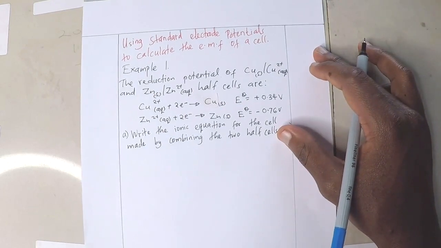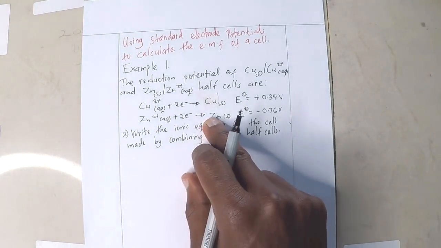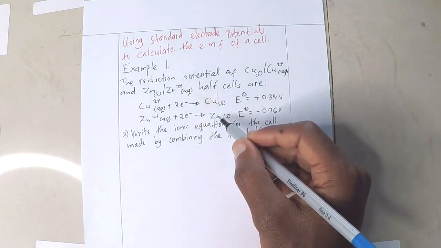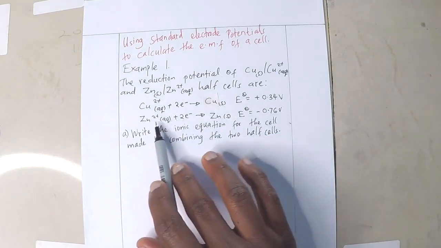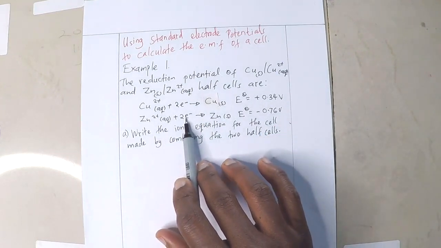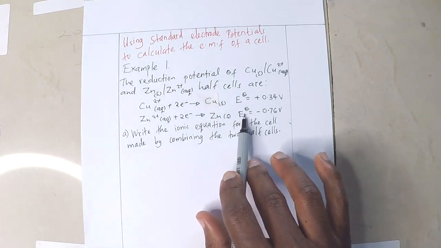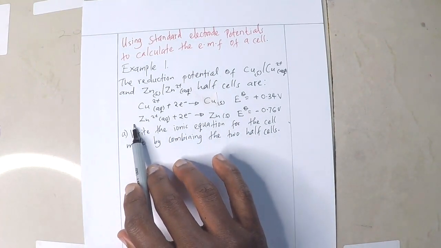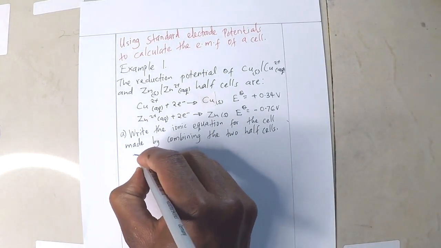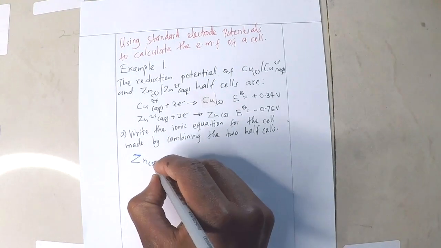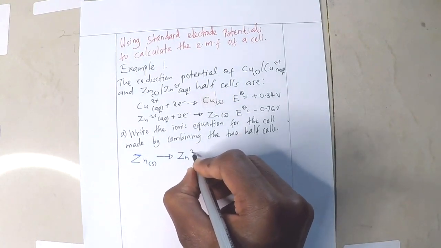And that would mean that the half cell equation for the zinc half cell is going to be the opposite. In this equation we can see that zinc ions are gaining electrons. But since zinc has a higher tendency of losing electrons, the opposite process is more likely to happen. And therefore, we have zinc losing electrons to form zinc ions.